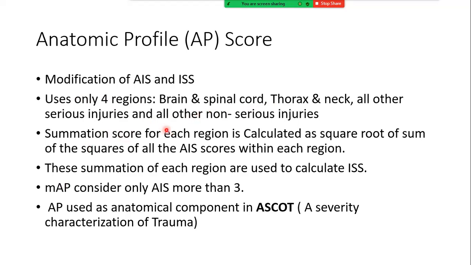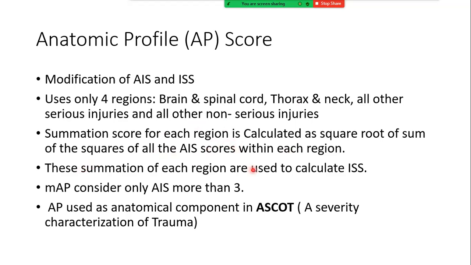The score for each region is calculated as the square root of the sum of squares of all AIS, as we have done. So for every region, squares will be calculated: for brain and spinal cord, thoracic and neck, all other serious injury, and all other non-serious injury, and then you add them within each region.